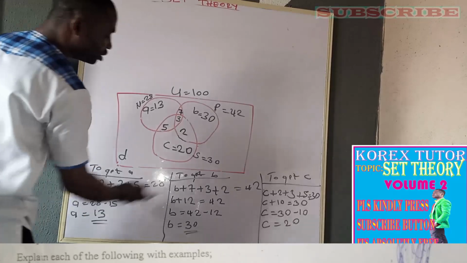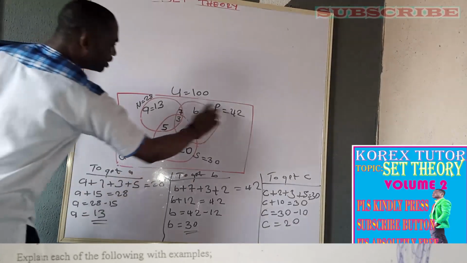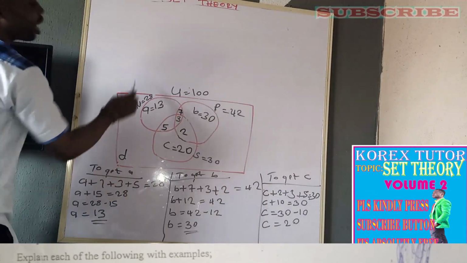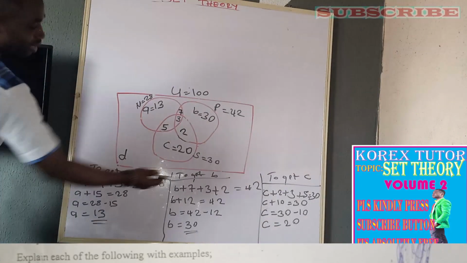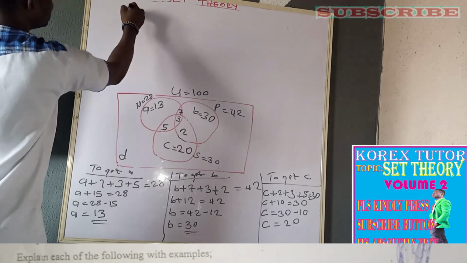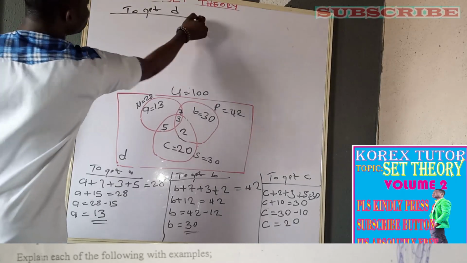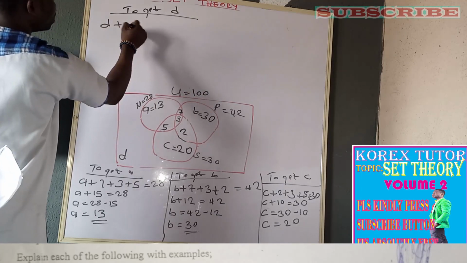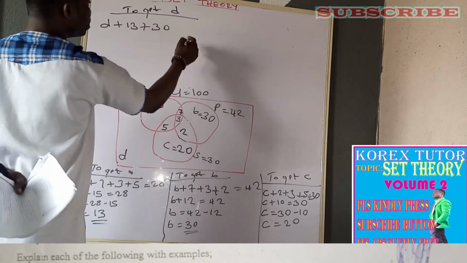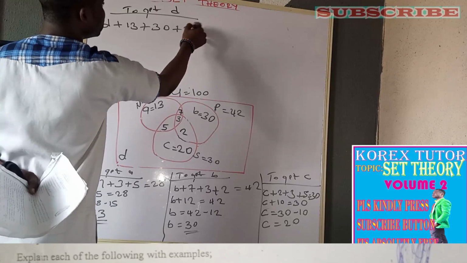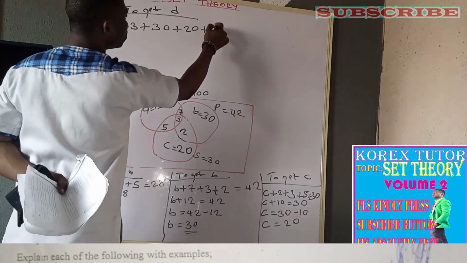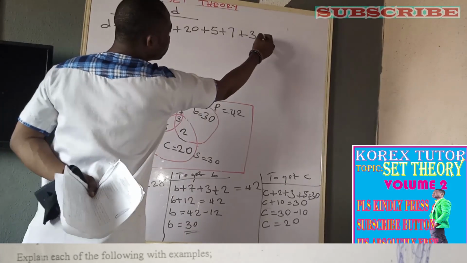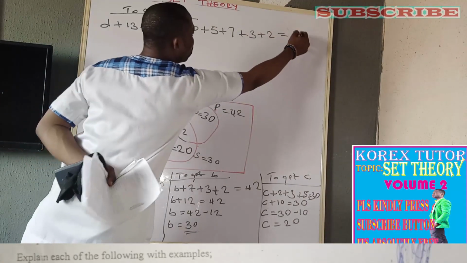It's just the same way. You know that for D, everything here is equal to 100, right? So that means we are going to add everything here and it's equal to 100. We are making it an equation just like the same way we did all of these. So to get D, D plus 13 plus 30 plus 20, then plus 5 plus 7 plus 3 plus 2 is equal to 100.